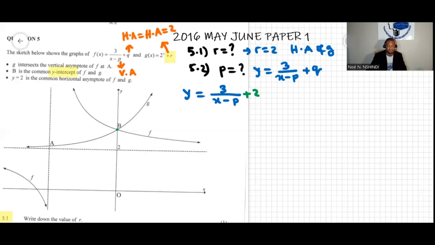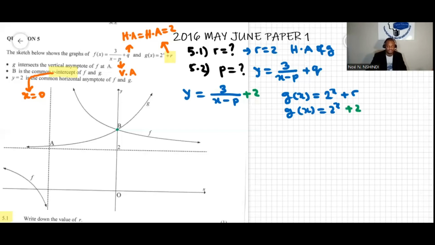Algebraically, it means make x equal to 0. So over here, x is just equal to 0. Now, I'm going to select the equation g of x, which was expressed as 2 to the power of x plus r. Now g of x is 2 to the power of x plus 2, because we found the value of r.